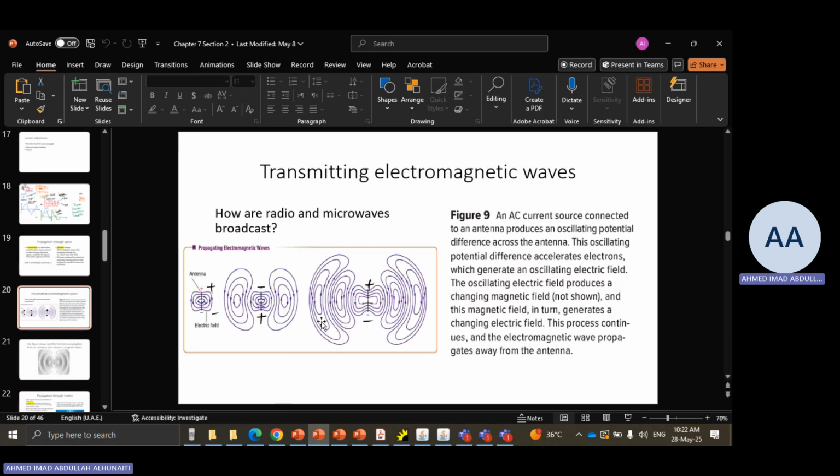So when we hook up an AC supply to an antenna, this causes an oscillating potential difference, which accelerates the electrons up and down, as we saw in the simulation. This generates an oscillating electric field. This electric field will result in a magnetic field, which is not shown here because it's perpendicular to the electric field.